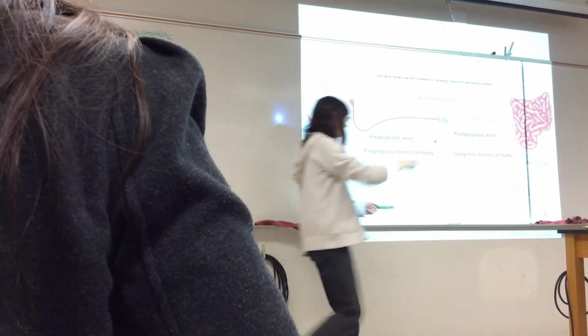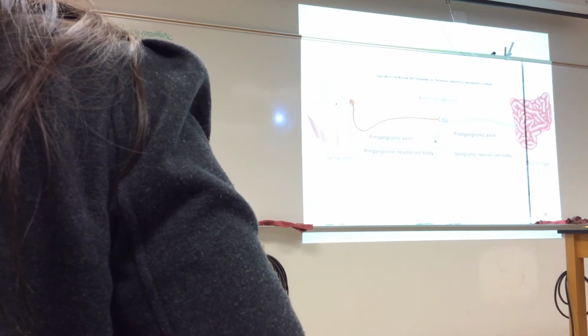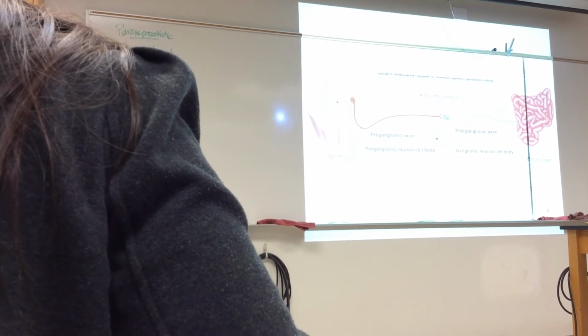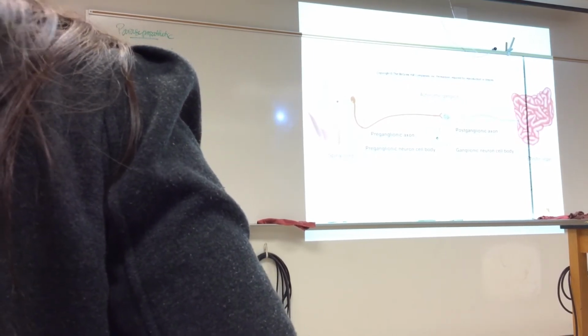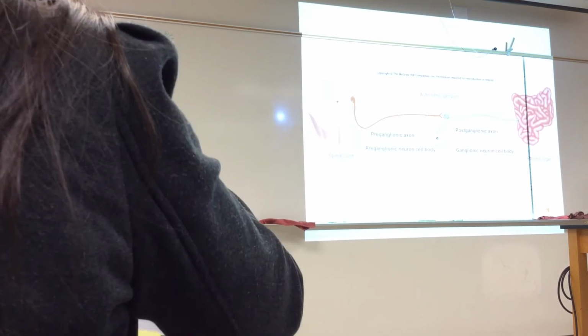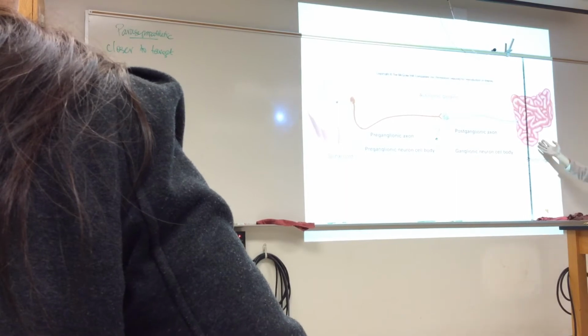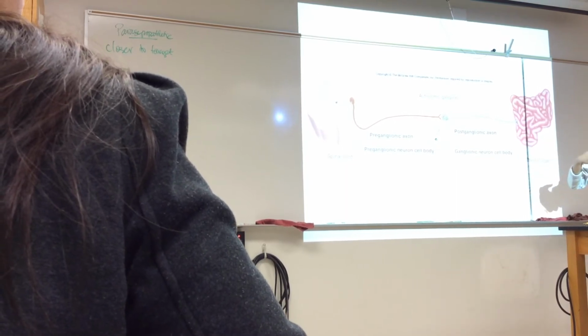Which makes this one what? Which makes it, this one's going to be farther, right? From the target. And what's the target again? Target gonna be smooth muscle. What else?